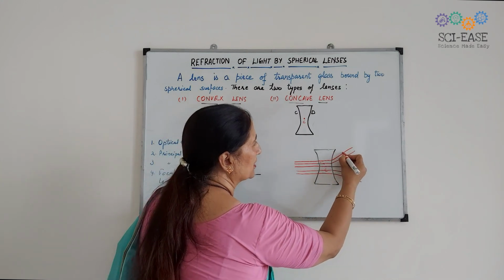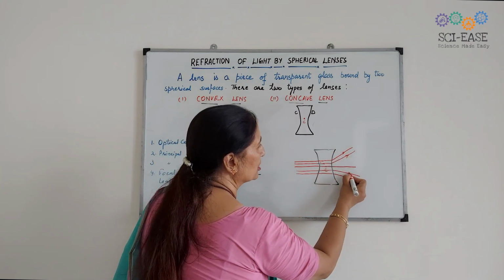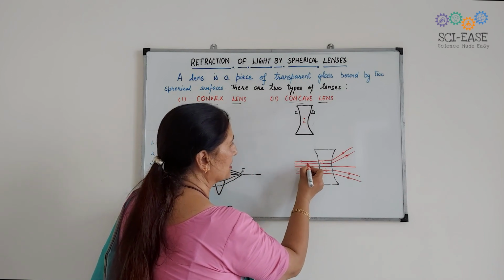So they are diverging, shown towards arrows. They will show the direction the rays are going.